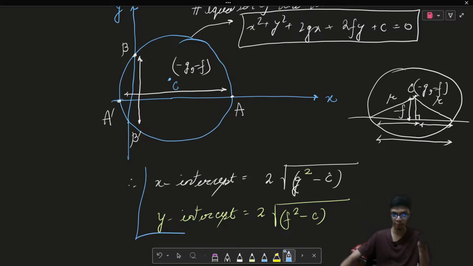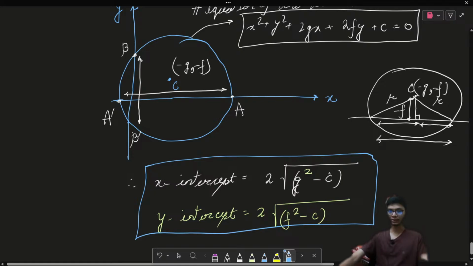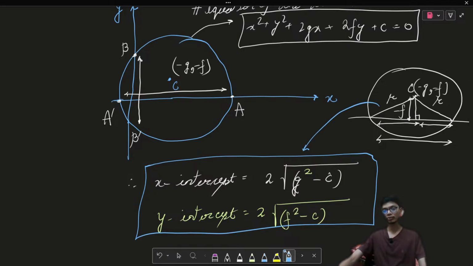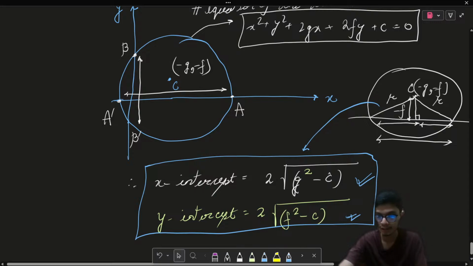These are the two important results you will obtain. The algebra is very simple from here. Just apply the Pythagoras theorem and find this particular length, which I am leaving up to you. Is this clear to all of you?